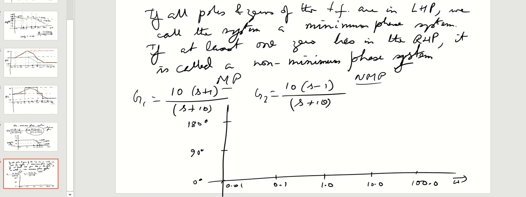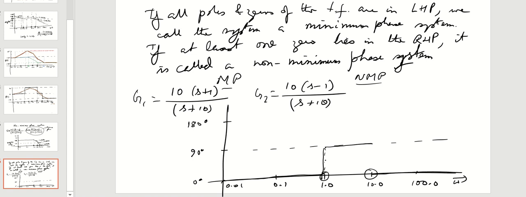So this is the conventional one, and we know how to plot its phase function, isn't it? The standard way is to mark out the corner frequencies 1 and 10. Up until this point we follow this, then we follow the higher asymptote, but then the 10 brings it down, so again the lower asymptote.